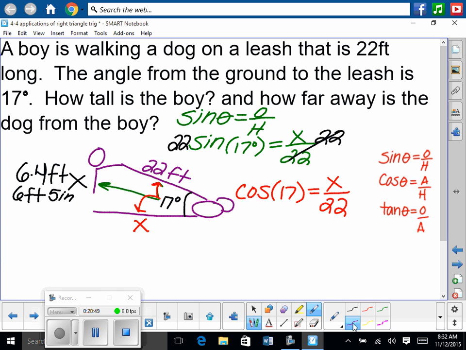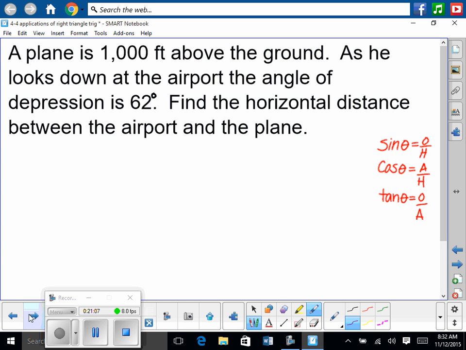So then we multiply both sides by 22, once again. And so we'll have 22 cosine of 17. So 21 feet, right? Does everybody understand how to do that one? Okay. Pretty easy. Last 2 examples, then you'll have the rest of the time to work.